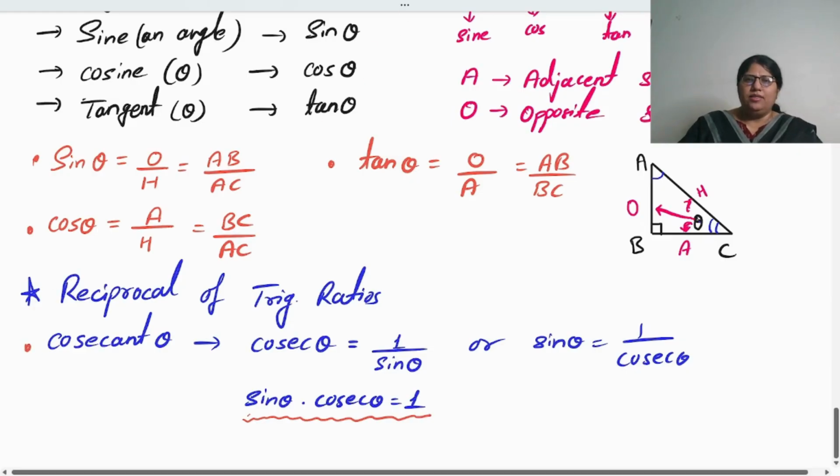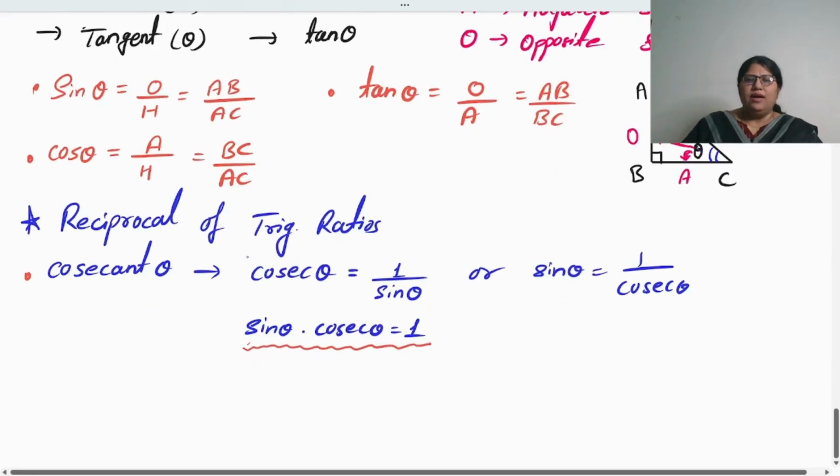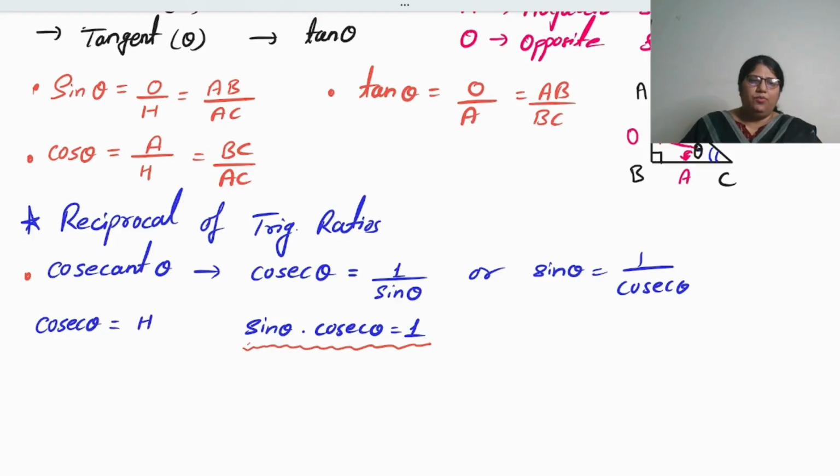What is the second reciprocal? If I want to take the ratio, cosec theta is hypotenuse by opposite, because sine theta is opposite by hypotenuse, right?